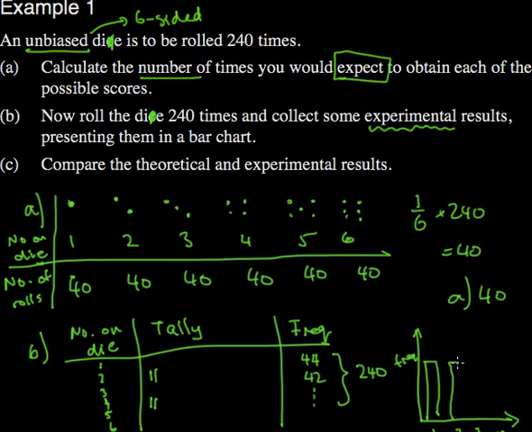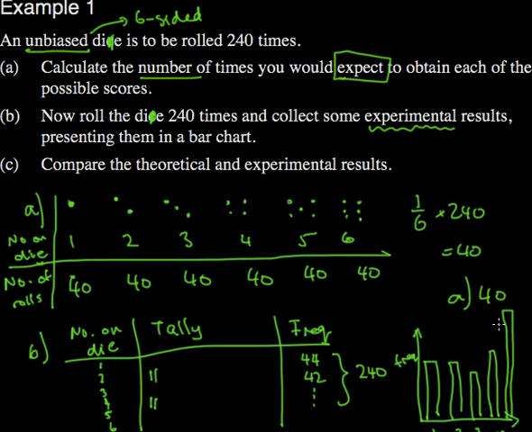And you'd expect them all to have roughly the same height, but by doing it experimentally, you'll see that they're probably going to be different. If it was a biased die, and let's say the likelihood of getting a 6 was much higher, the bar chart would look like this. And this is what you get by doing it experimentally.